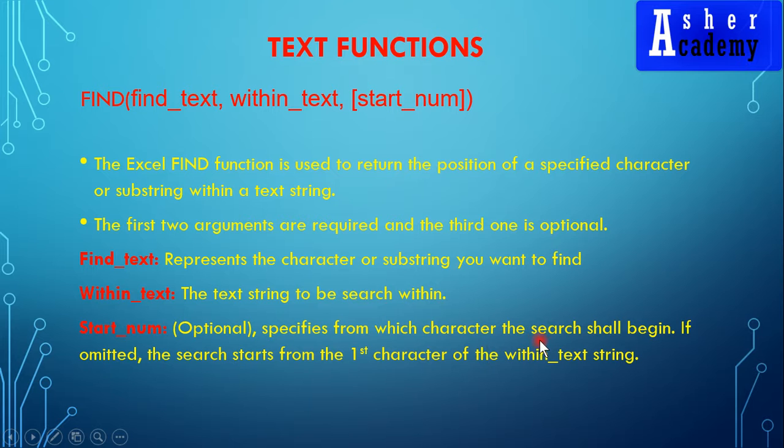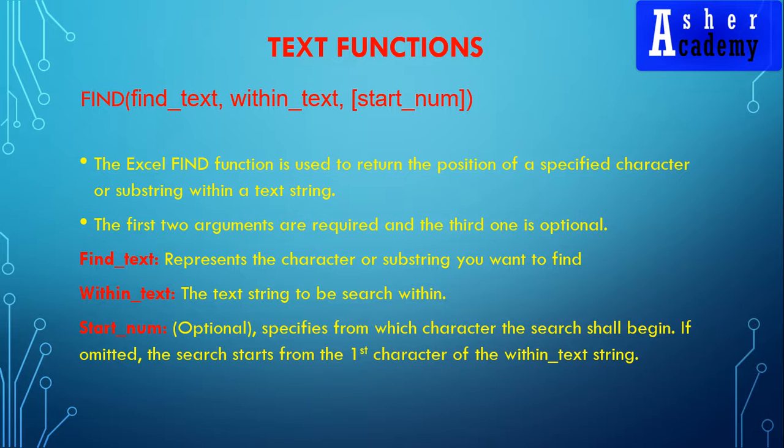It specifies from which character the search shall begin. If omitted, the search starts from the first character of the within text string. So we're saying that you can specify where you want to start your search.